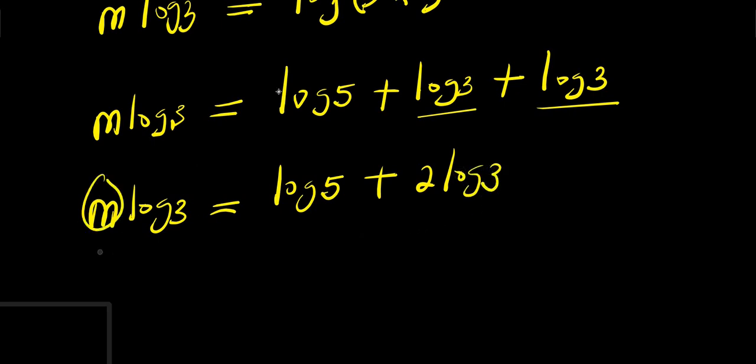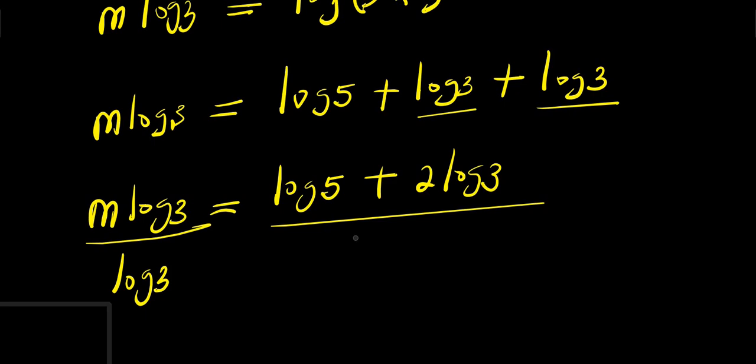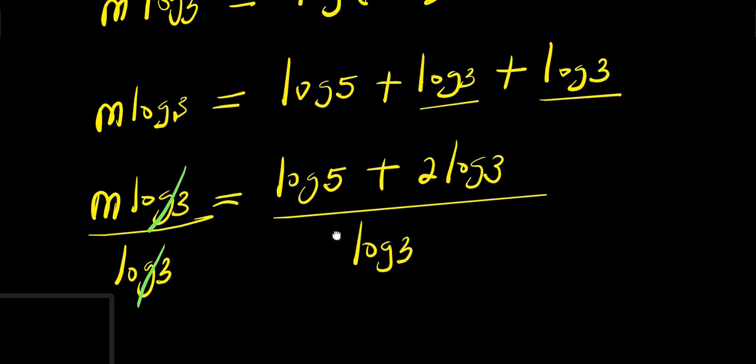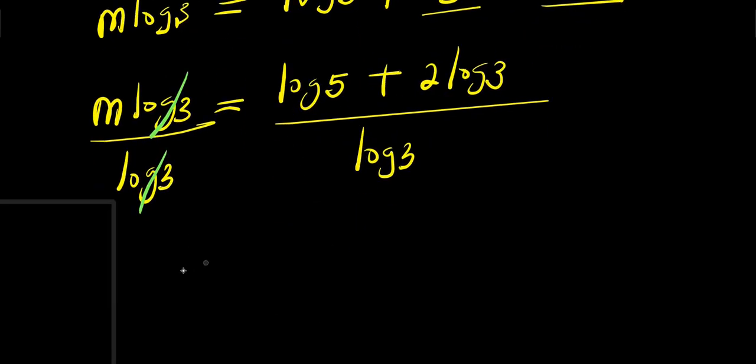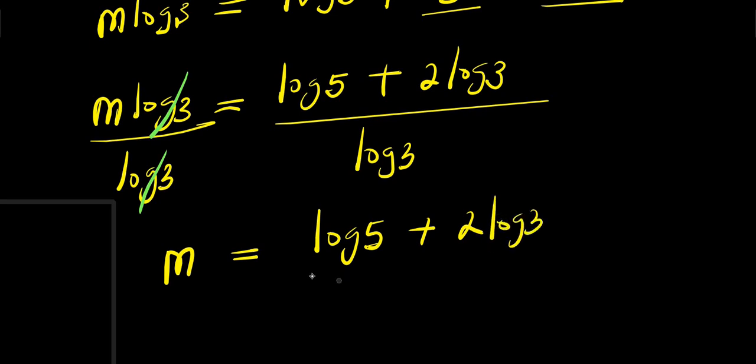I can isolate m by dividing this by log 3 and dividing this by log 3. So from here, this eliminates this. m equals log 5 plus 2 log 3 divided by log 3.